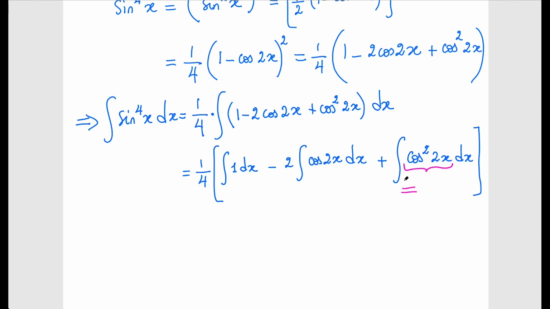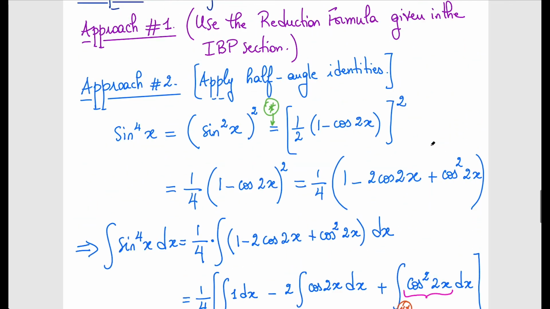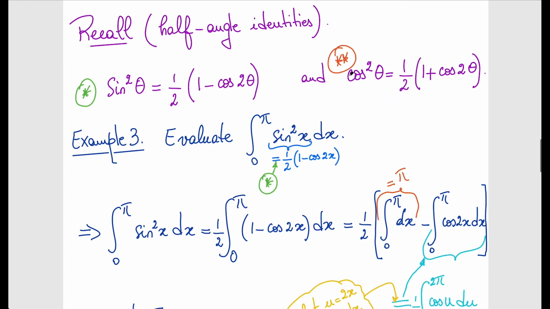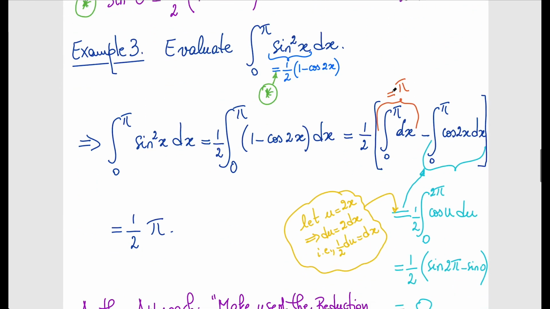Okay, and as promised, I'm gonna make use of double asterisk above. So I'm gonna use double asterisk above, the half angle formula, to rewrite cosine squared theta. Cosine squared theta is equal to half the sum of 1 plus cosine of 2 theta, right?